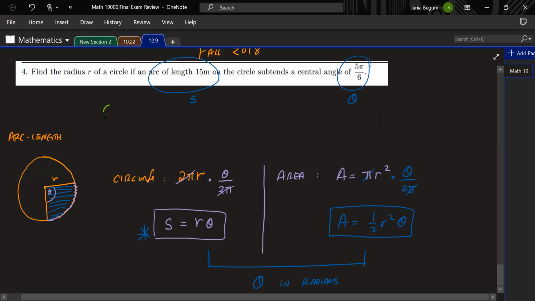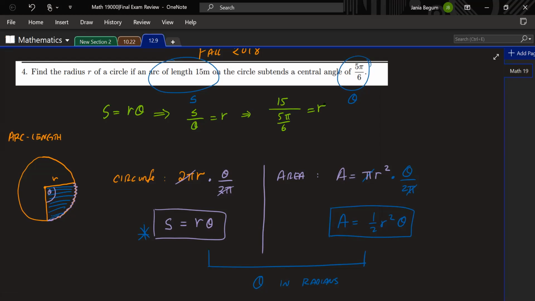So we have S is equal to r times theta. I'm looking for r, so divide both sides by theta. So S over theta is equal to r. Now we can plug in our values. S is equal to 15 and theta is equal to 5 pi over 6. That is the r value. And then of course you simplify this.